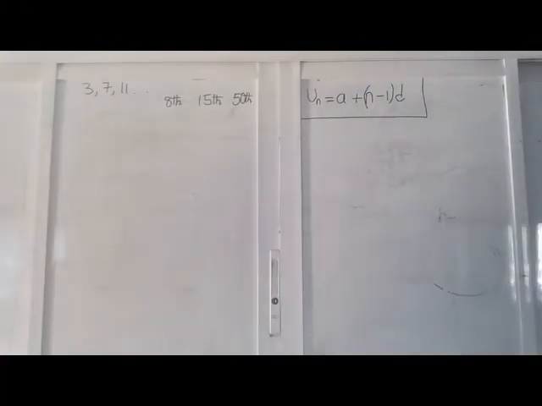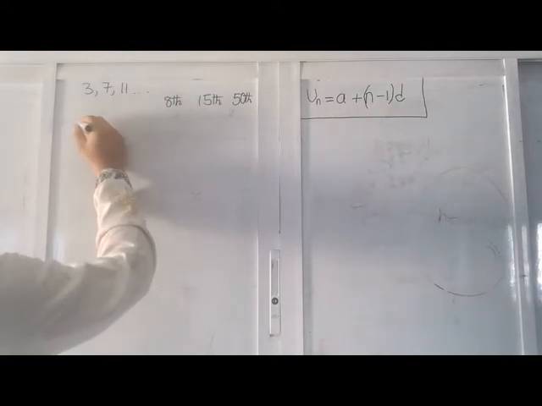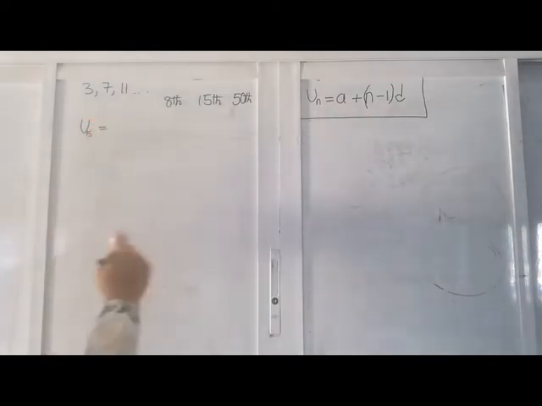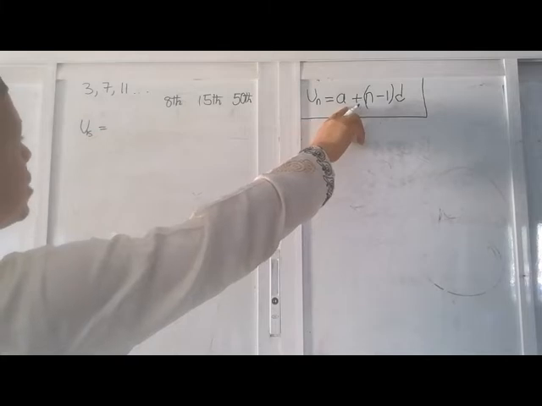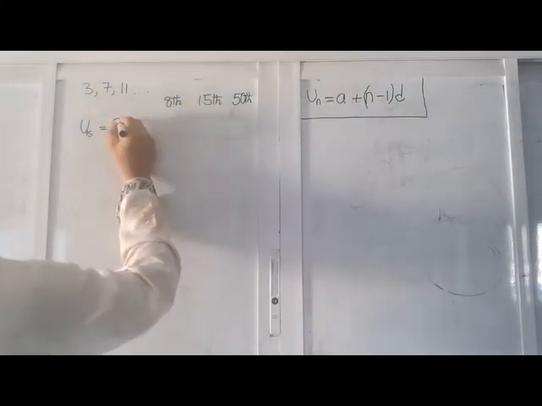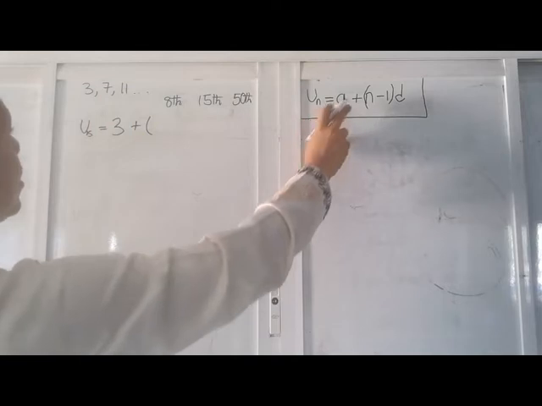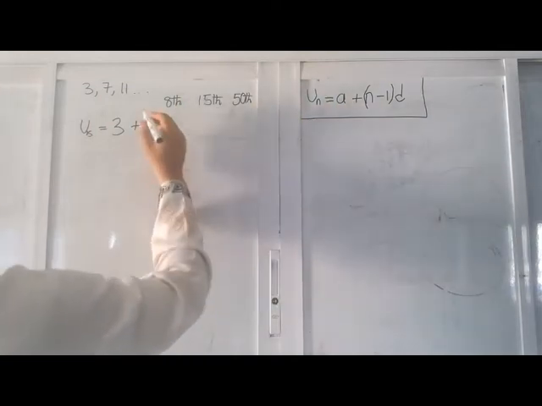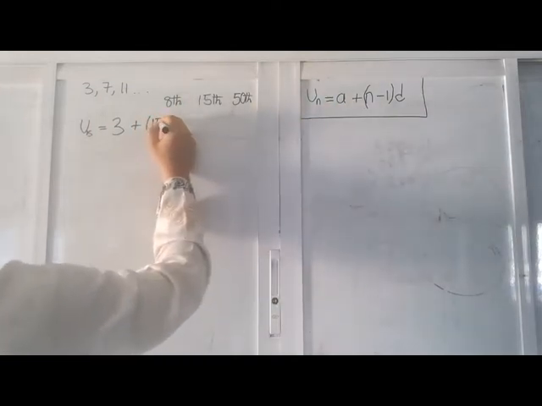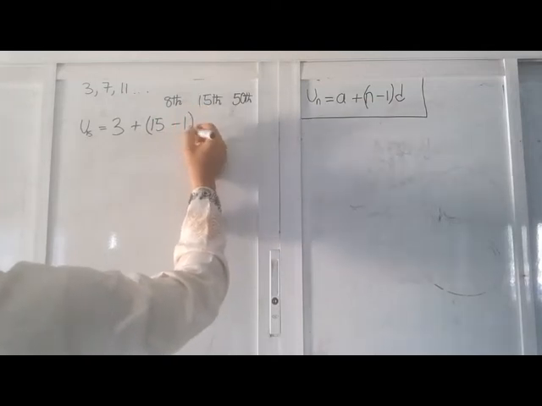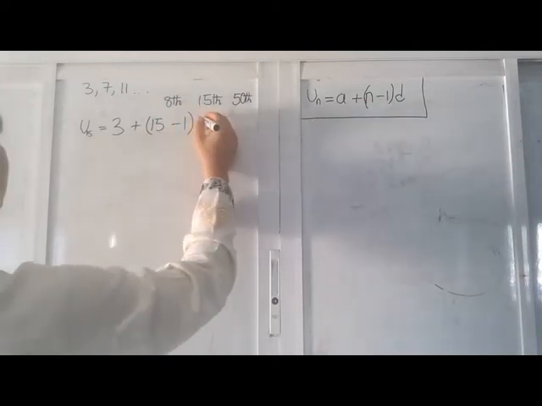For the 15th term, we apply the same formula. We don't know what the 15th term is, but from the formula, the first term is A, which is 3, plus, open bracket, the nth term we are looking for is the 15th, so we use 15 here, minus 1, we close the bracket, the common difference is 4.